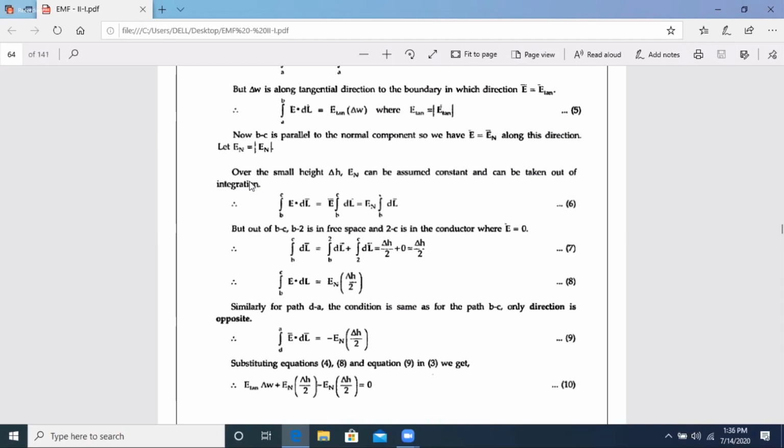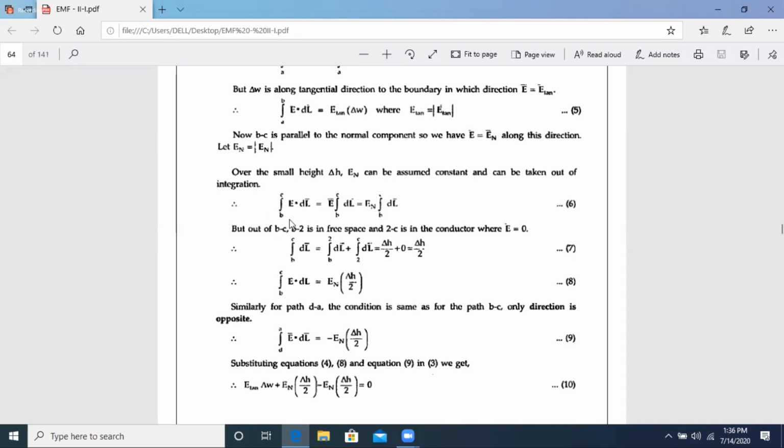So we are saying then that because it's so close, on the conductor side, you could say it's the same as on the insulator side or on the air side.